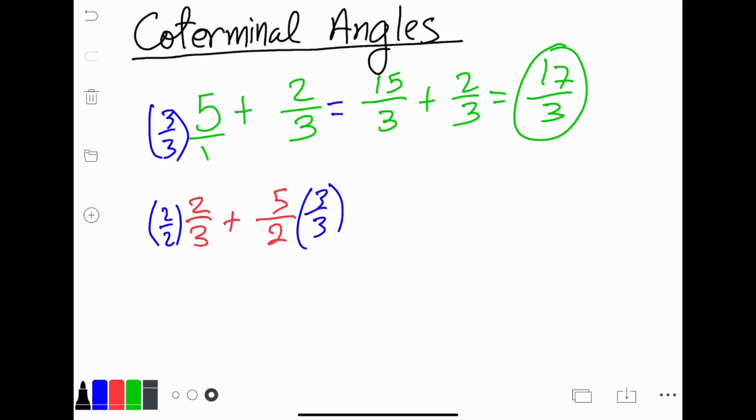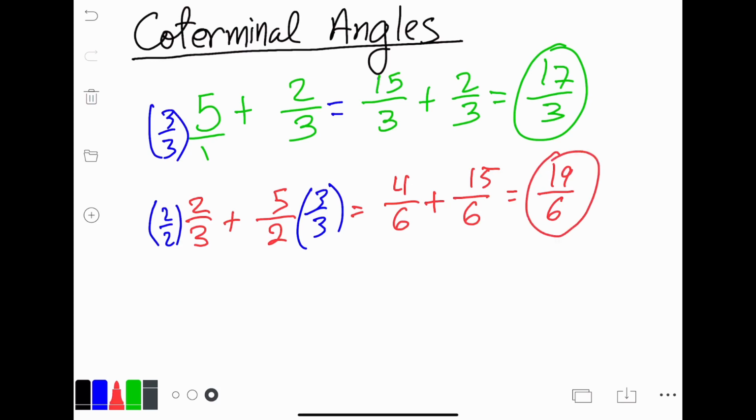That now allows me to rewrite these fractions as 4 over 6 plus 15 over 6. Now again, these two fractions are the same fractions as the original ones. However, we just rewrote the fractions to have denominator 6. But now they have a common denominator that we can add together, and this is 19 over 6. And that is the final answer. So that was just a quick refresher on adding fractions, because we will see this for the rest of the video.